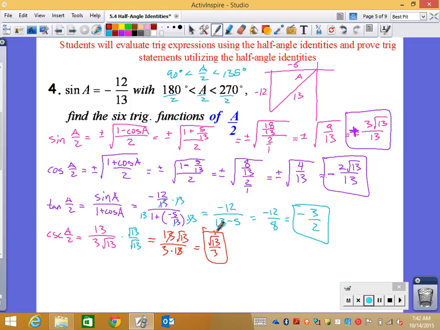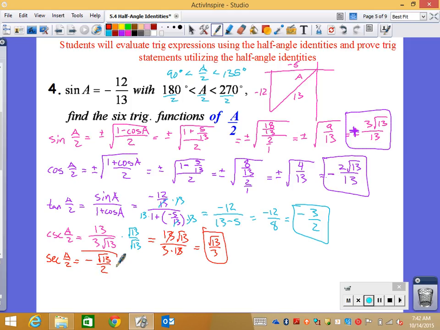Let's do secant now. Secant corresponds with cosine. So what I could do here is I could just flip this again, or I could take this square root of 4 over 13, which is 2 over root 13, and flip it. We end up getting a negative root 13 over 2.